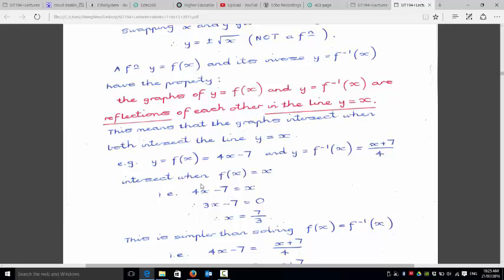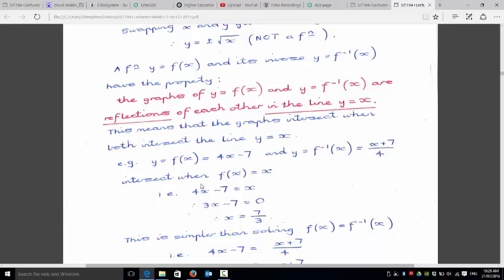Here we just give you an example. We have f(x) is equal to 4x minus 7, and we can also get the inverse function of the original function as (x plus 7) over 4.